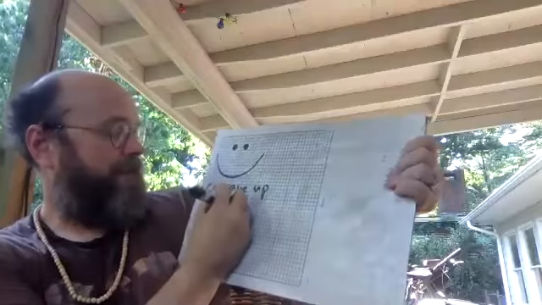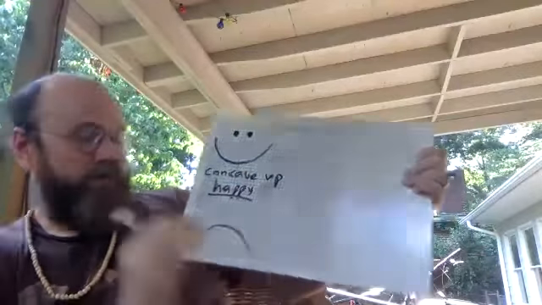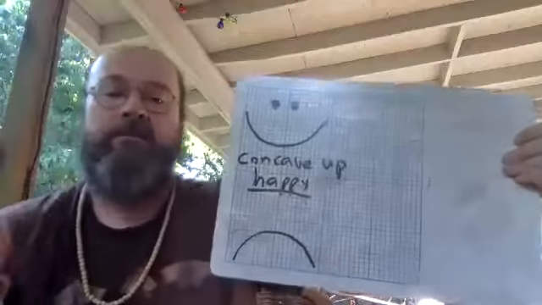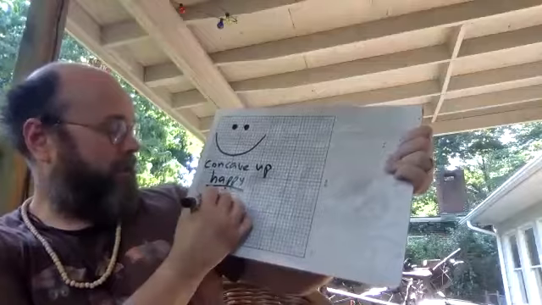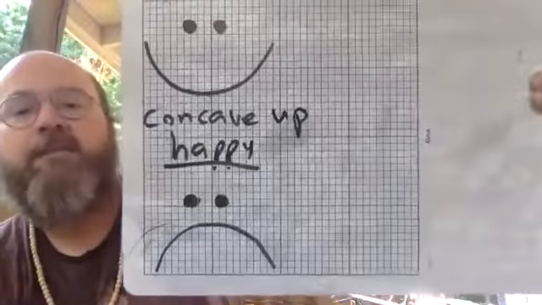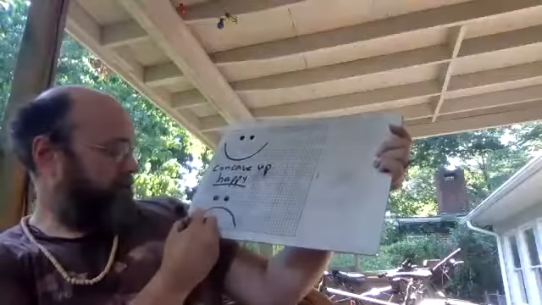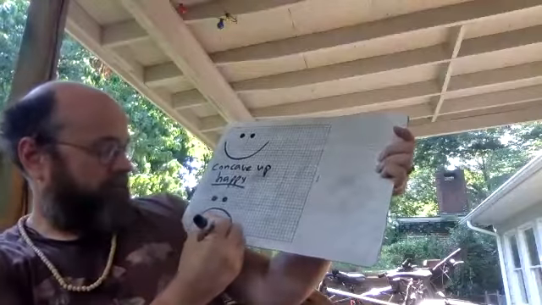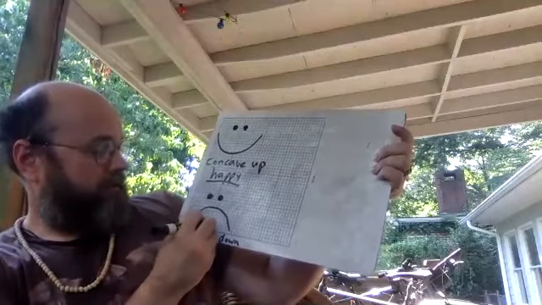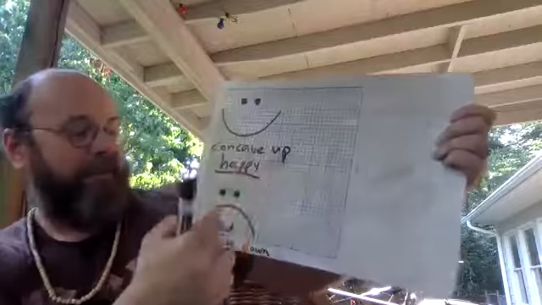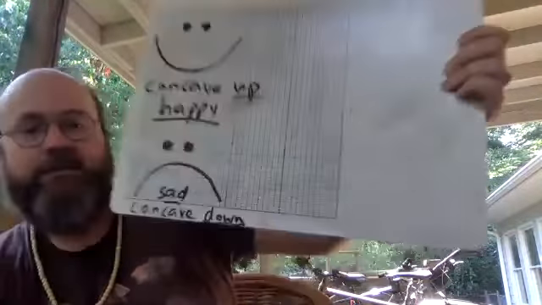Concave up is happy. If the curve is humped like that, like a hill, and you draw eyeballs on it, and suddenly your heart's just breaking because it looks so sad, this is concave down. And it's easy to remember the up or the down because the graph looks either happy when it's up or sad when it's down.